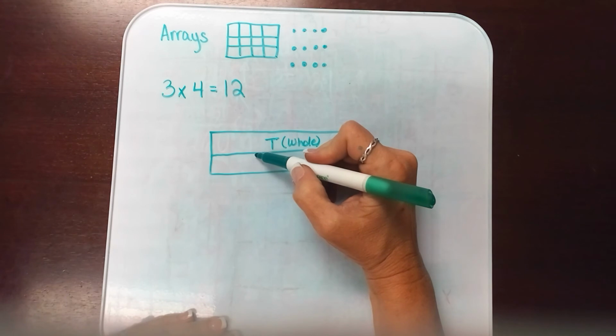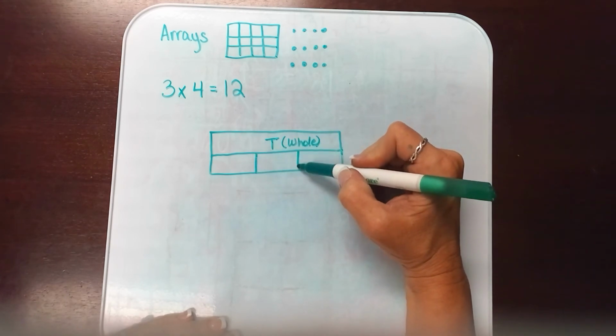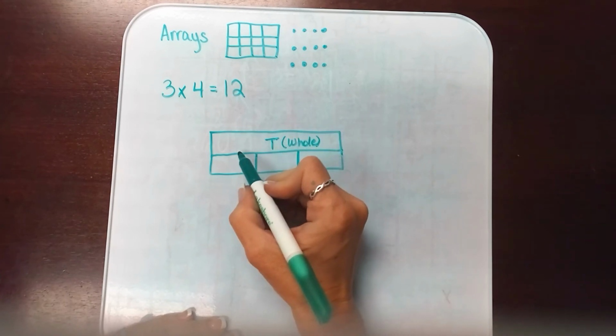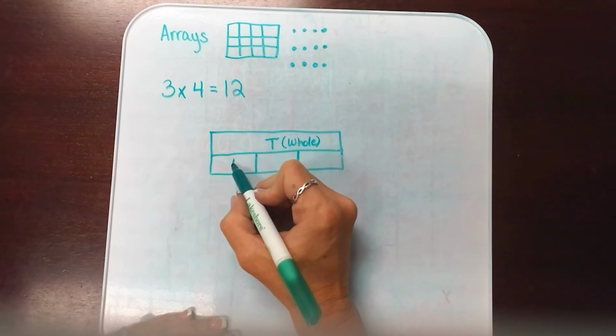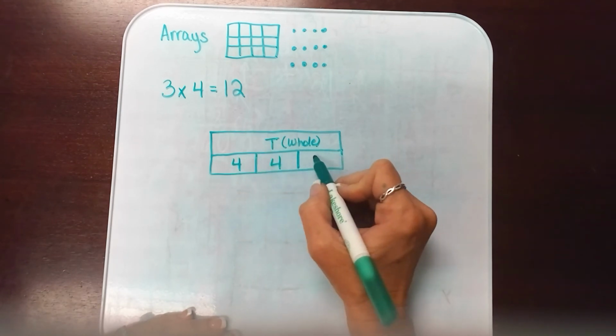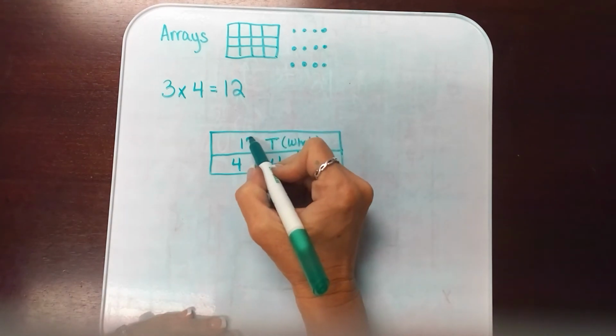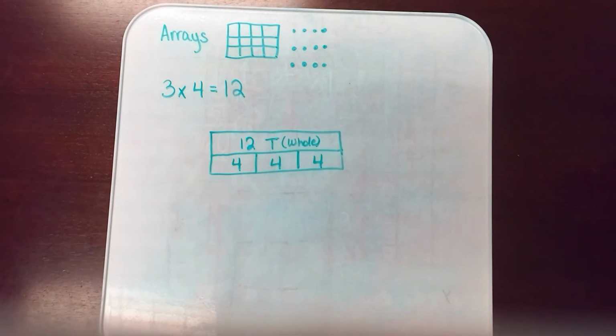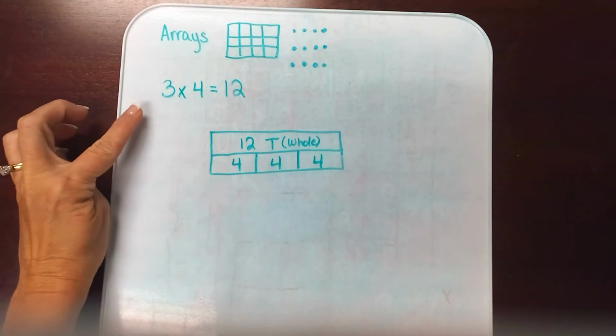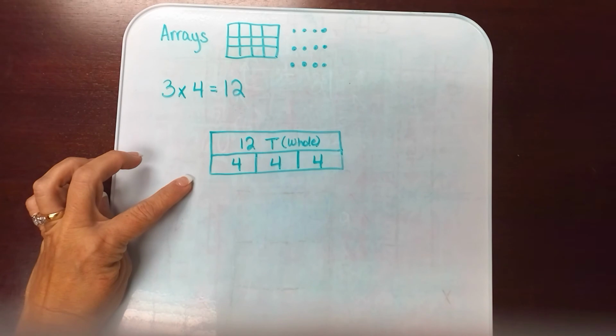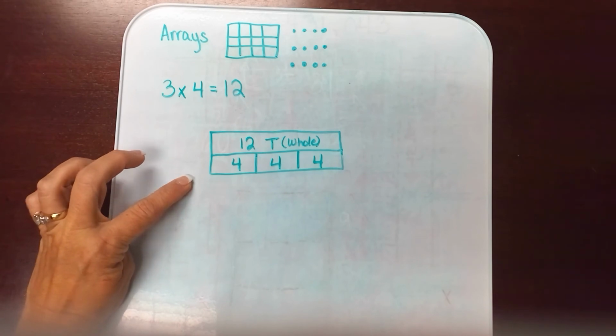But in multiplication, your parts need to be as equal as possible. So 4 times 3 is 12. Okay, so they are going to represent with arrays, equations, and strip diagrams, okay?